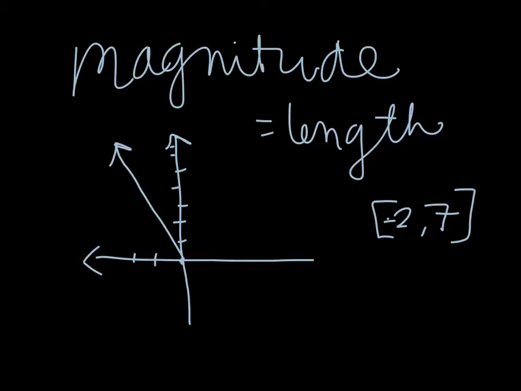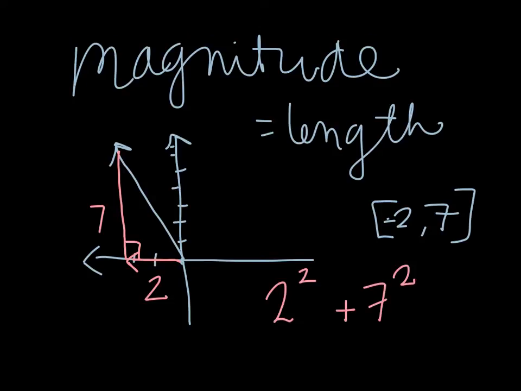Now, if I wanted to find out the length of this vector, I know that I have here 2 and up 7. So this is a 2 by 7 right triangle. And so I can get 2 squared plus 7 squared equals my c squared.